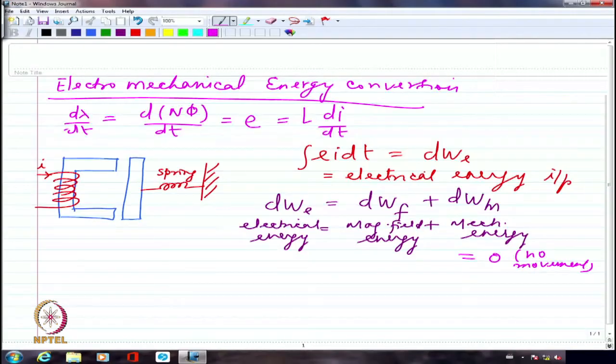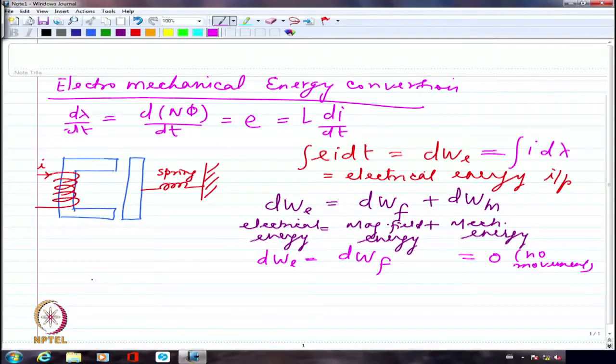So, I will have dWe equal to dWf, and rather than writing EI dt, I can write the same thing as the integral of I dλ, because dλ by dt I can call E, because of which E dt is equal to dλ.